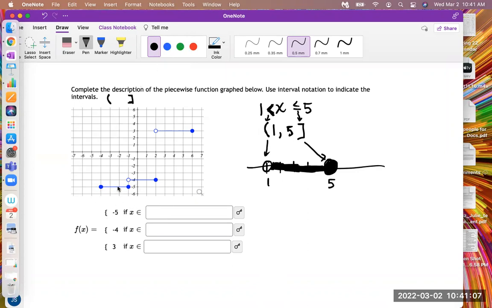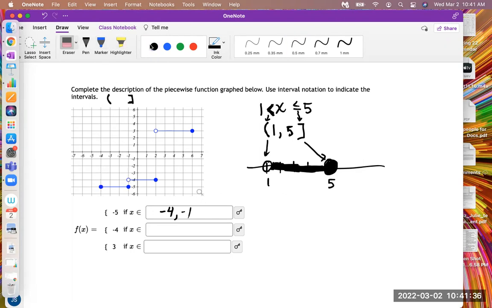It looks like between -4 on the x-axis and -1. So I know those are my values, -4 and -1, because that blue line starts at -4 and stops at -1. Call those endpoints.